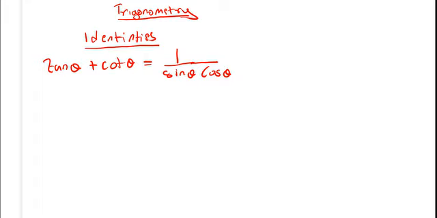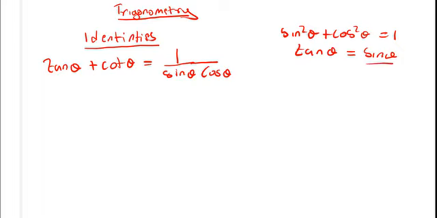For one to prove this identity, it's much easier if they are conversant with other identities such as sine squared theta plus cos squared theta is equal to 1, and that tan theta is equal to sine of theta over cos of theta.